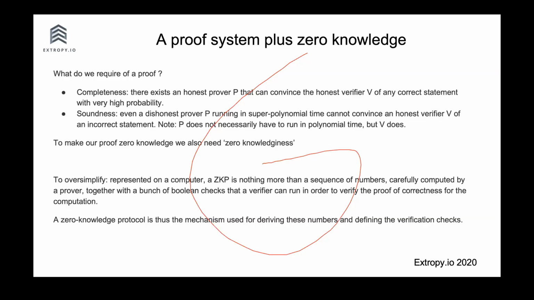And really, we'll see this later when we look at the practical example, the proof itself on a computer is nothing more than a piece of data that is put together by the prover, along with a system that allows the verifier to check that proof.